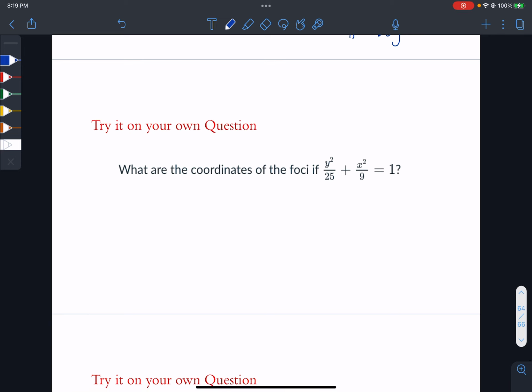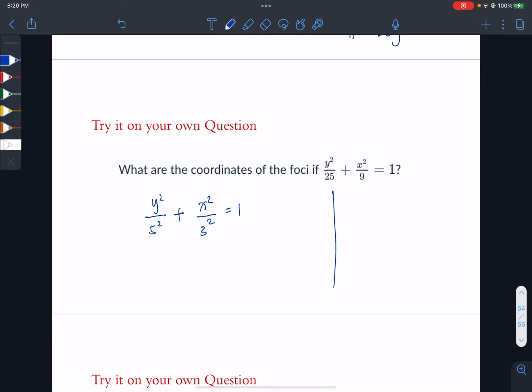So what are the coordinates of the foci if y squared over 25 plus x squared over 9 is equal to 1? So this would be an ellipse, kasi plus siya. So y squared, tapos 0, 0 yung vertex niya. So in short, this is the same as y squared over 5 squared plus x squared over 3 squared equals 1.